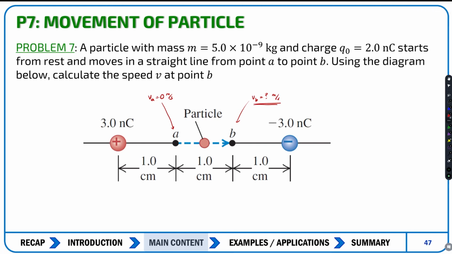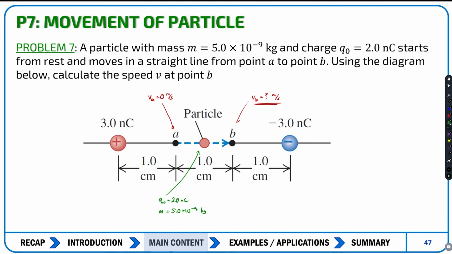The particle here, I'll put this in green. We know that the particle charge is Q naught equals 2.0 nanocoulombs. And we know that the mass is equal to 5.0 times 10 to the negative 9 kilograms. So that's all we have at the moment.